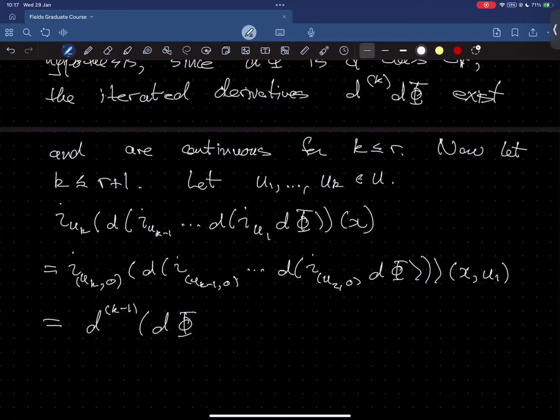All right, and then I'm going to evaluate this at a point, the point (x, u1).